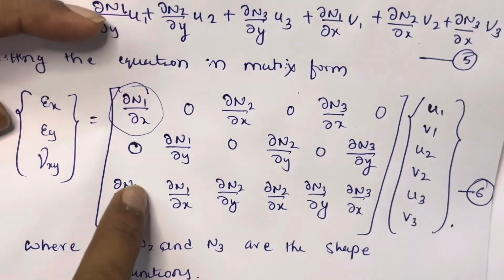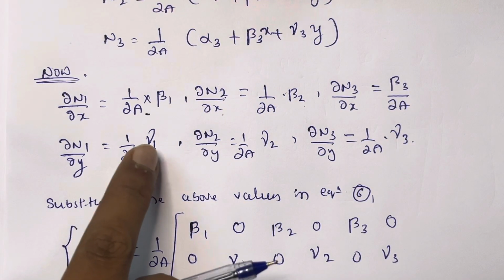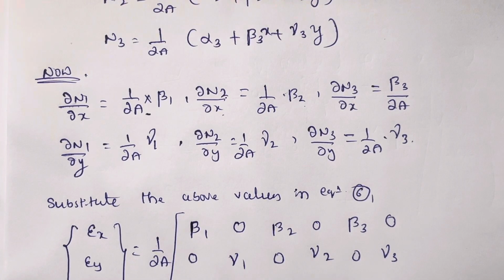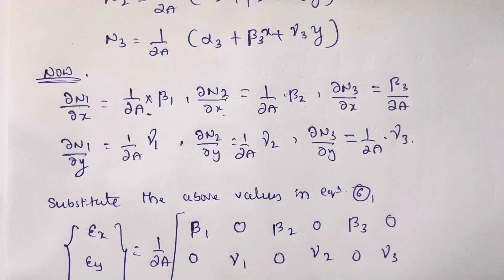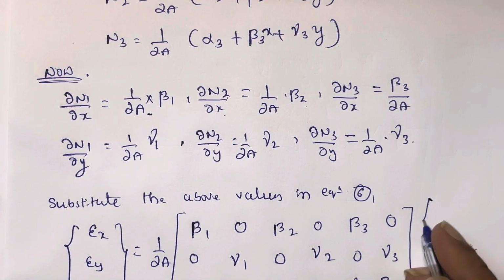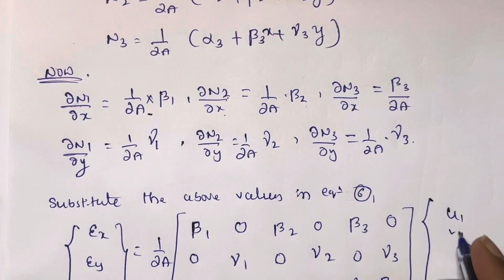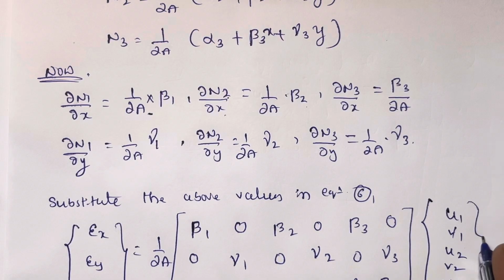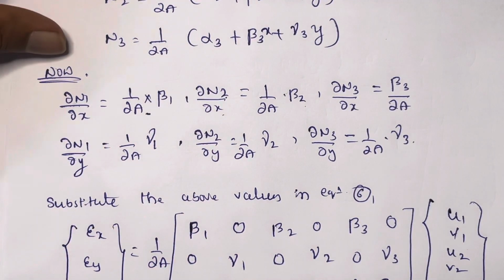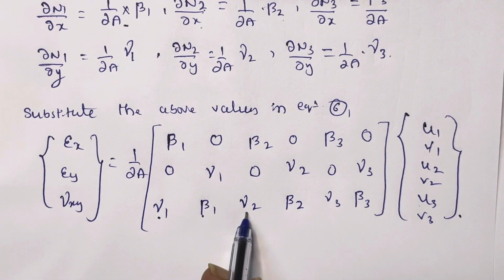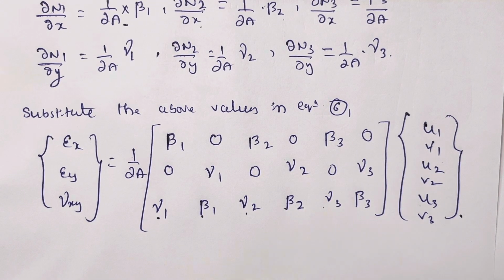Here dou N1 by dou y is gamma 1 and dou N1 by dou x is beta 1. Similarly gamma 2, beta 2, gamma 3, beta 3. And here we have again u1, v1, u2, v2, u3, v3.